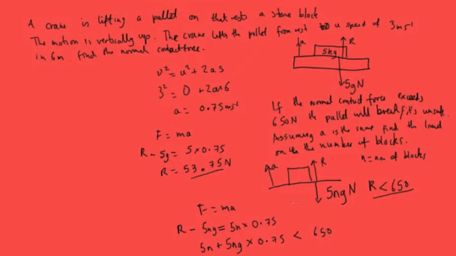So we'll just rearrange that and use the inequality. Calculating that all out, we'll have the number of blocks must be less than 12.1. So I hope that helps.